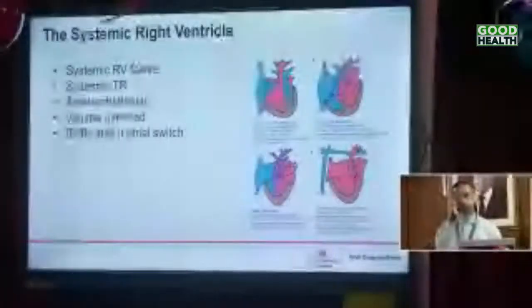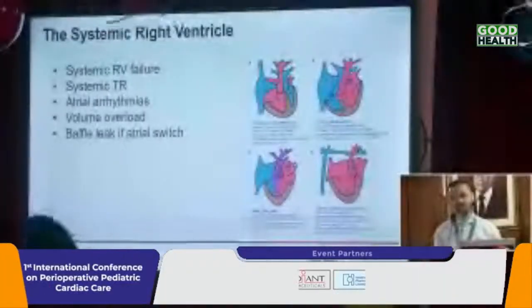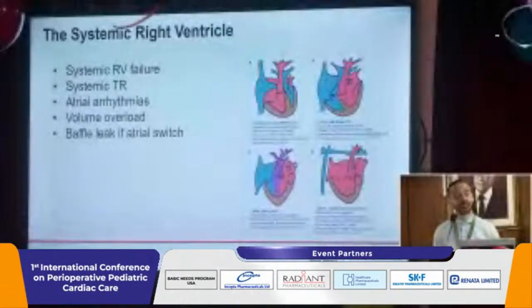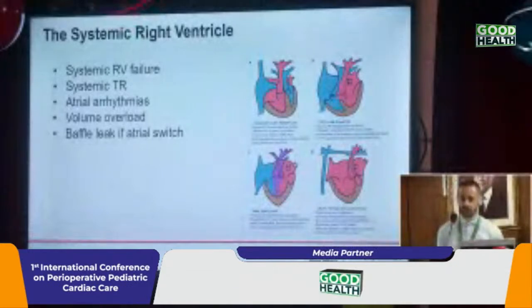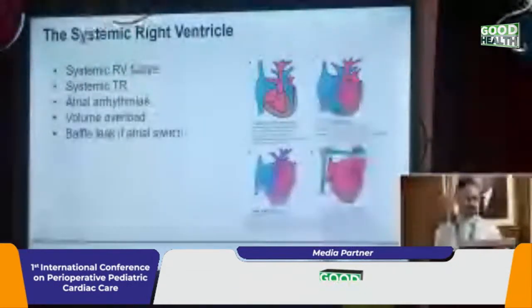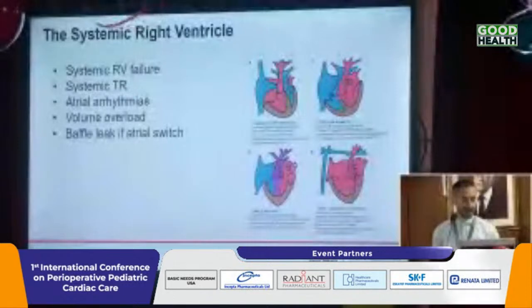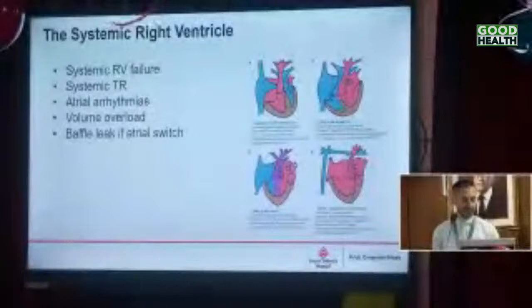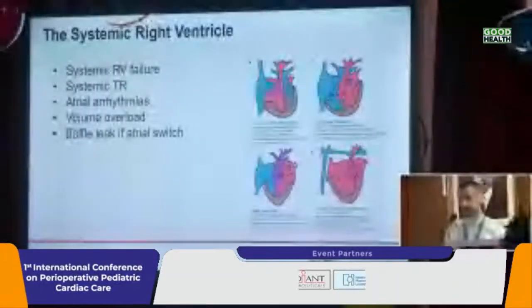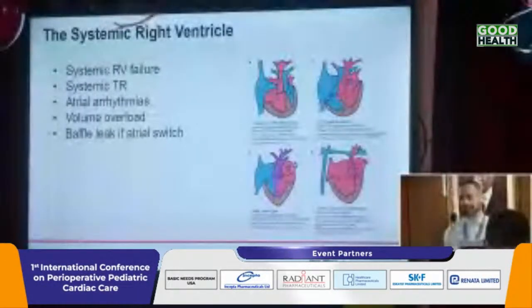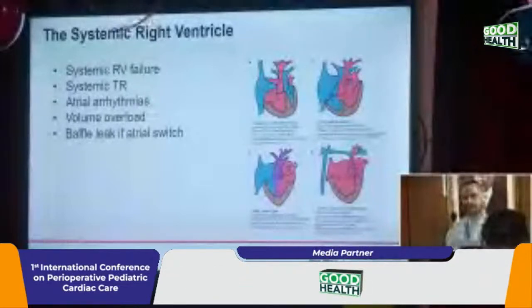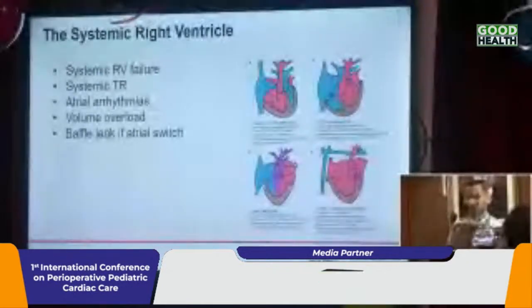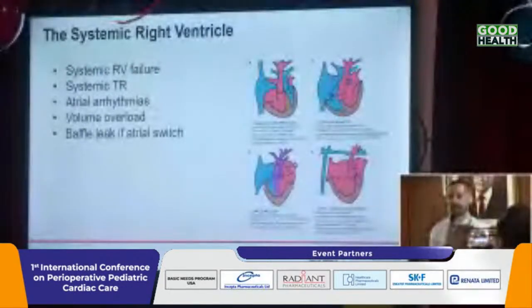Patients with systemic right ventricle are another big challenge in the intensive care unit. I'm not going to go into all the details of these patients because we could talk about that for hours, but I'm just going to give you the highlights. We always deal with systemic right ventricular failure, and it's not the same as managing systemic LV failure or native RV failure. These ventricles don't respond to inotropes the same way.